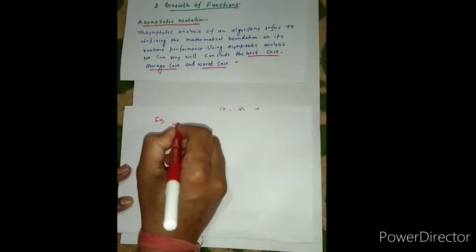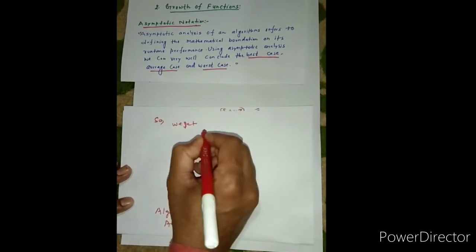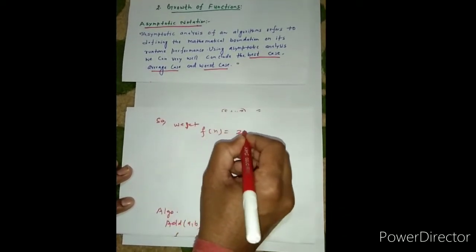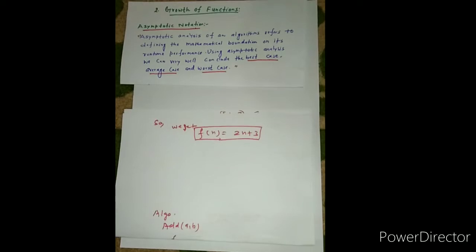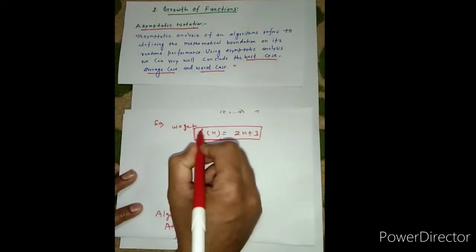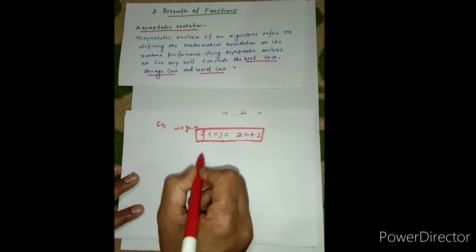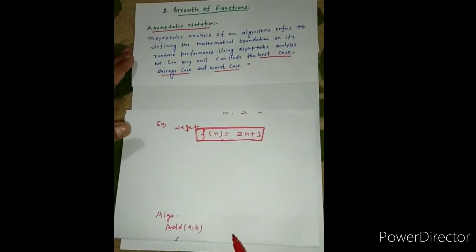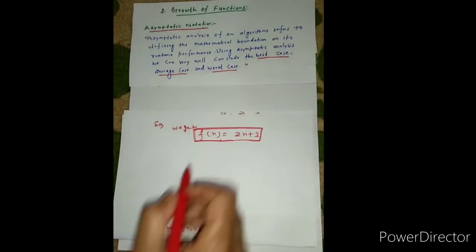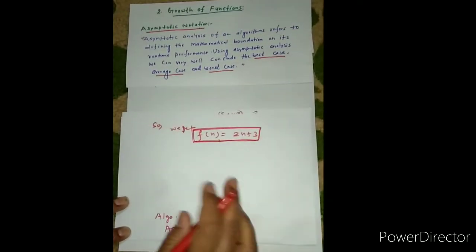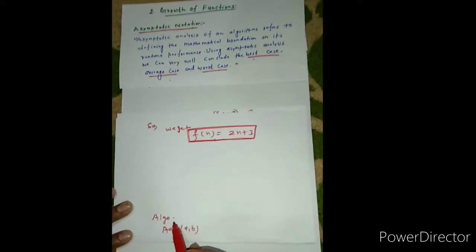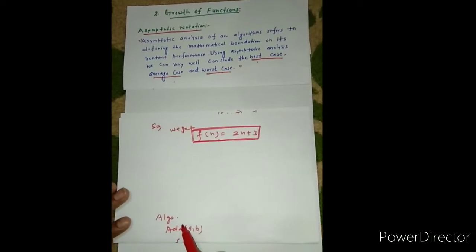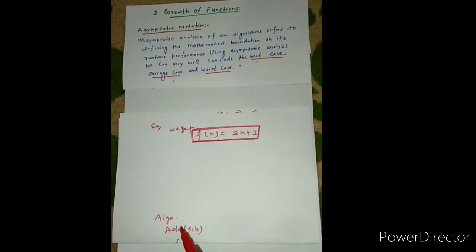We get f of n equal to 2n plus 3. This is the function, or the frequency, for asymptotic notation. In this function, we have to find the best case, average case and worst case. In the next video I will discuss best case, average case and worst case in detail.